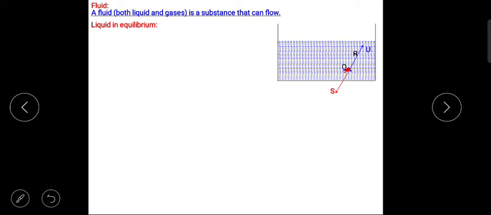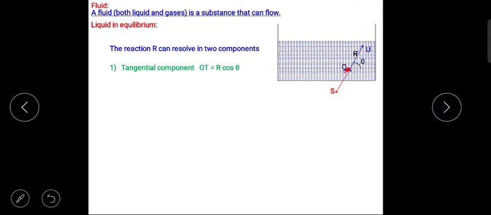So we will get an upward force, which is nothing but the upthrust force. Suppose the angle of the reaction force is theta, and this can be resolved into two components. First is the tangential component, R cos theta, which will act along this line, and another is the normal component, R sin theta.